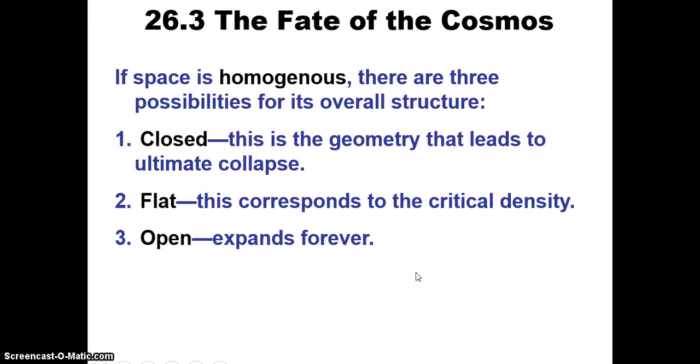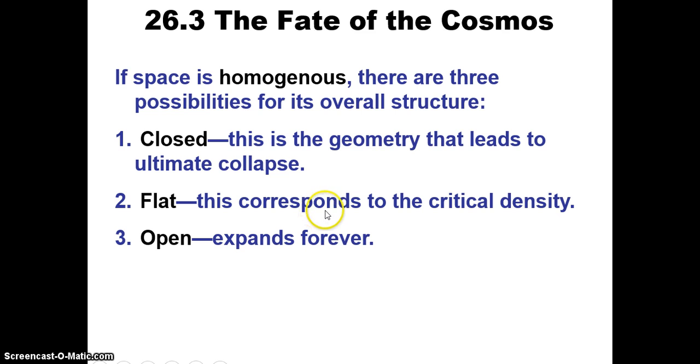All right, so now we're going to look and see what we can find out from these different surveys of the universe. Probably the best one we have is the Sloan survey. Just to let you know, if space is homogeneous, there are 3 possible outcomes for its structure. It's either closed, that is, the universe will collapse back on itself. It's flat, exactly the critical density.